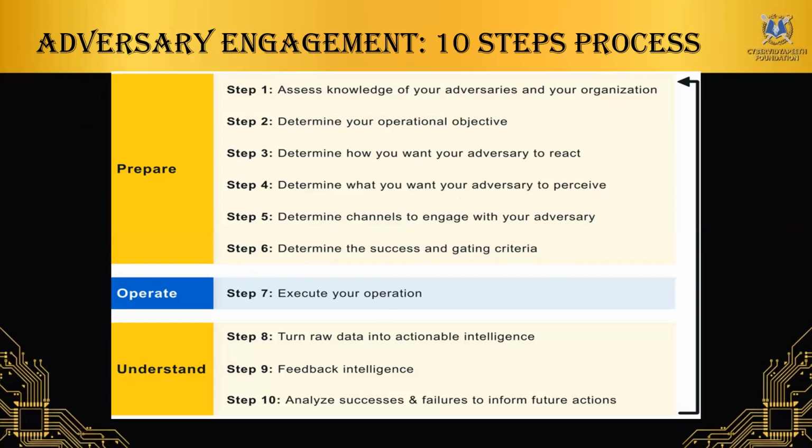Because if you are biased and allow the attacker to continue out of a selfish desire to know more, you might cross the barrier and the attacker can still be successful. So it is always important to determine the success and gating criteria as a part of the preparation, as a part of the plan. Otherwise, if you cross those toll gates, many times the attacker may enter some weird sphere which you are not aware of, and then it can cause damage to the organization.